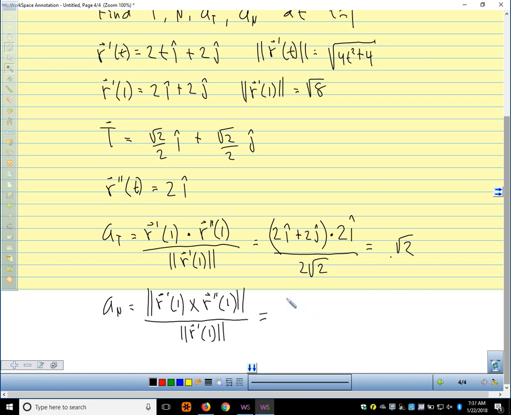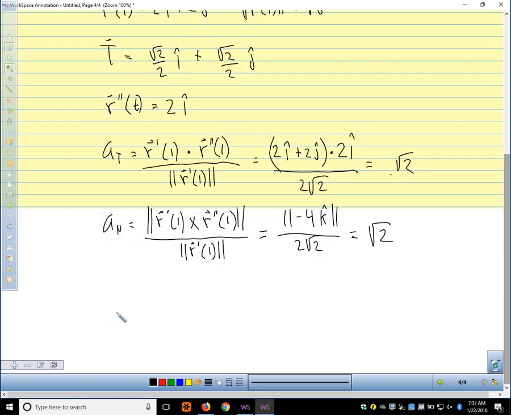So it's the magnitude of minus 4 k hat over 2 square root 2, square root of 8, which is square root 2. Magnitude of negative 4 k hat is just 4. So there's our normal component of acceleration.